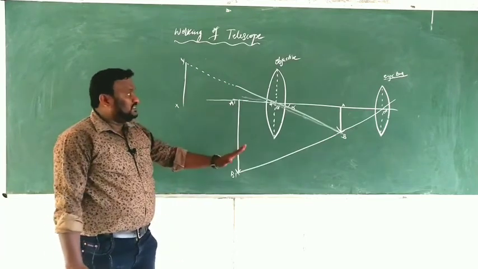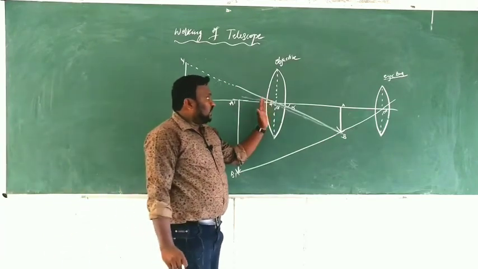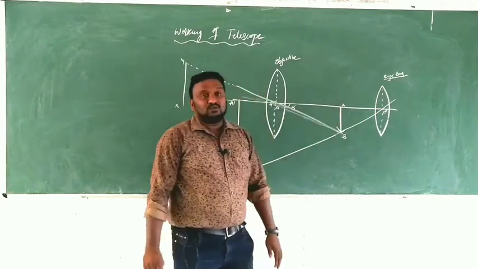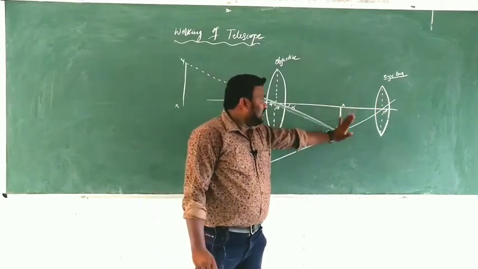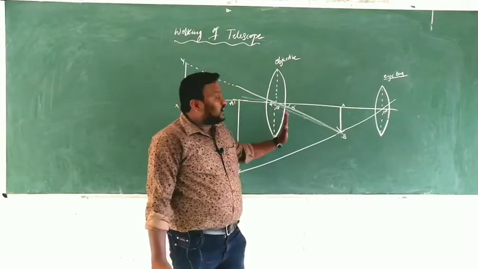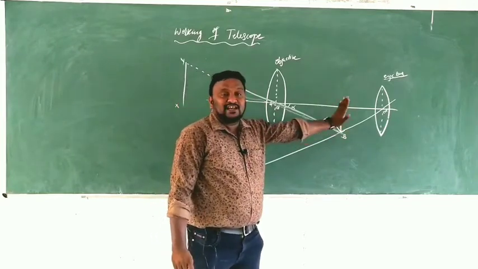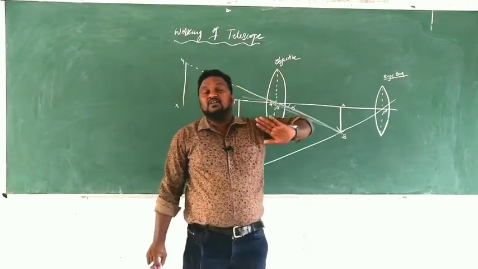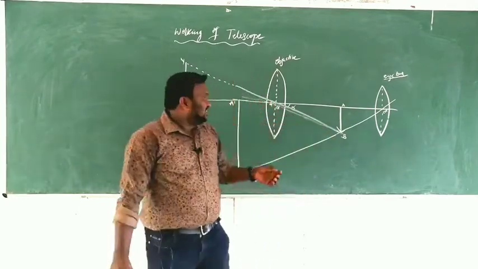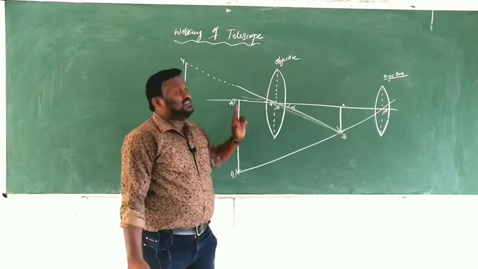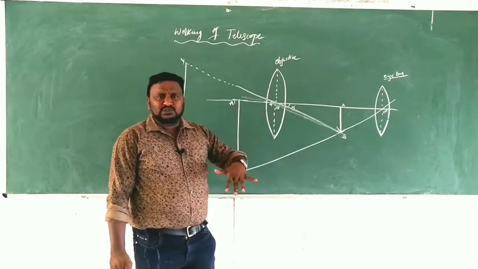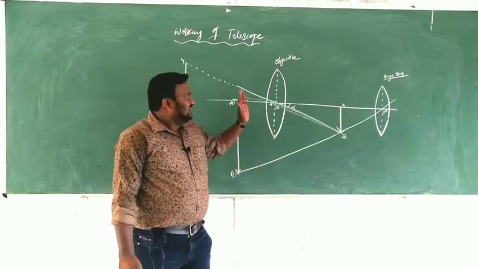After that, the object lens forms the image AB. AB is the image of the far away object, formed by the object lens. As in the compound microscope, the same thing happens here.